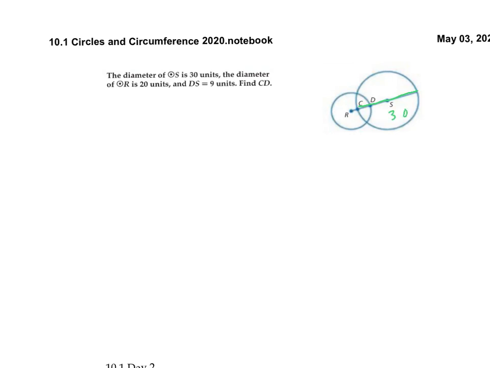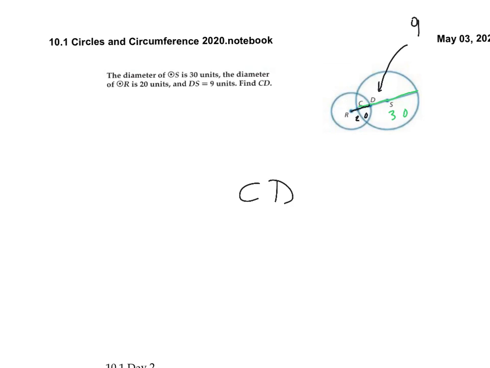The diameter of circle R, the smallest circle, is 20 units. So if I use maybe black, this is 20 units. Okay, and DS is equal to 9. So this segment is equal to 9. The question is find CD.